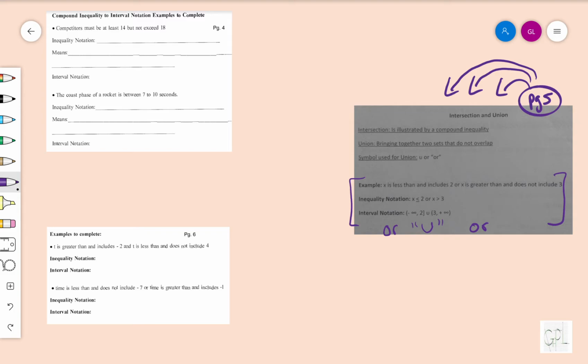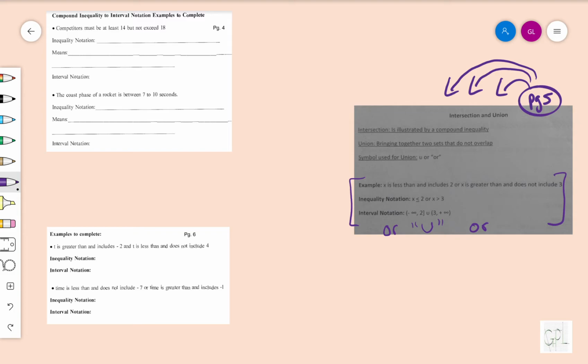So now competitors must be at least 14 but not exceed 18. Let's say you're at a karate competition and you have to be at least 14 but not 18 to be in a particular age group, to kind of make sense of this here.